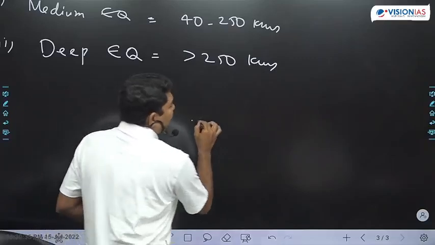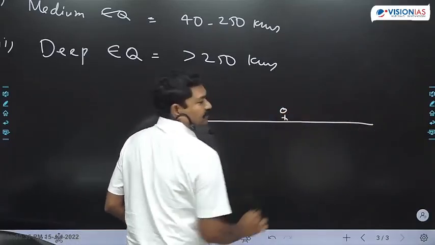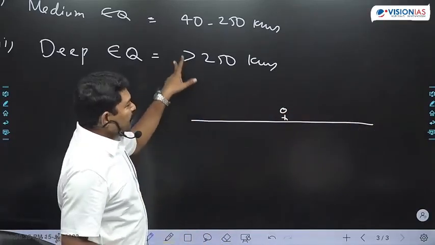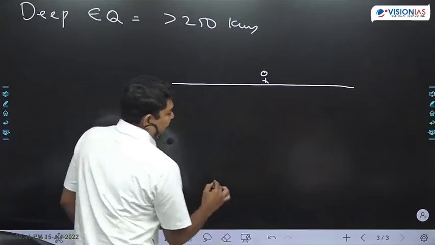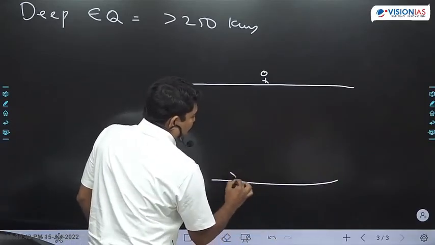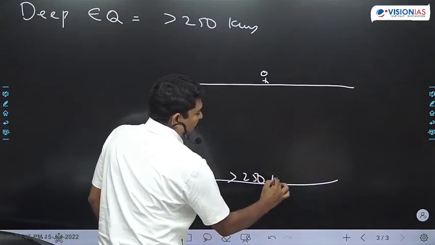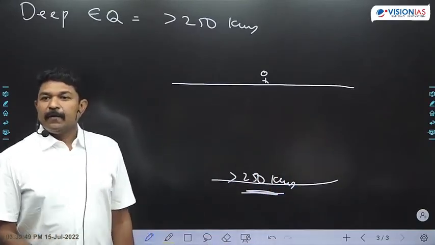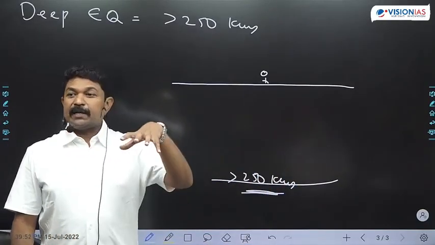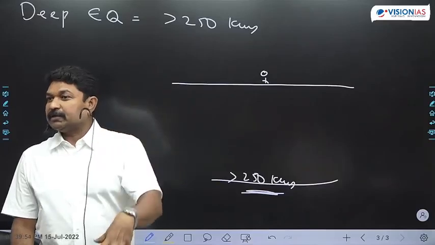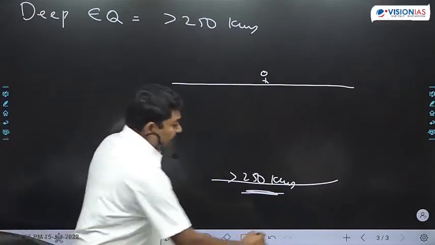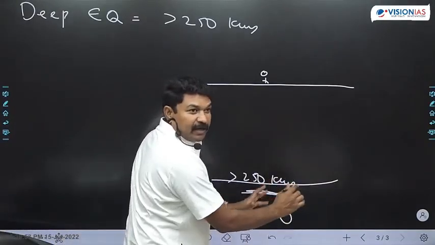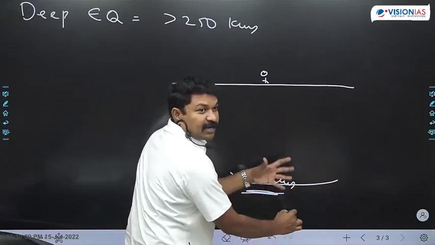The rocks can break. Suppose this is the surface, where we are. The rocks can break at a depth of more than 250 kilometers also. Whenever the rocks are breaking at that depth, the waves will not be waiting there itself.